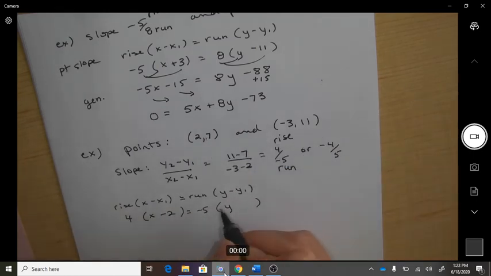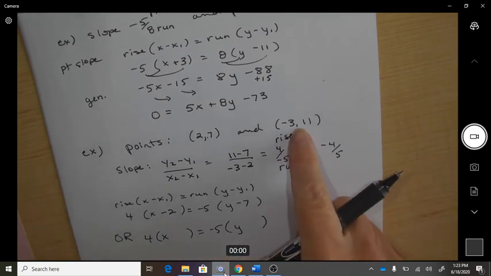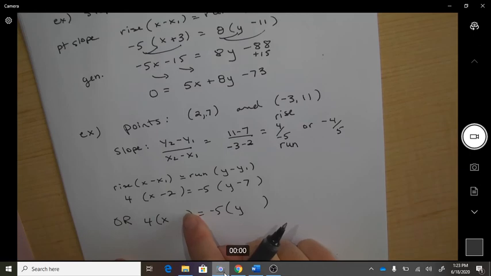So I could have gone like that if I plugged that point in. Or if I had plugged this point in, I would have a +3 there and a -11 there. So it doesn't matter. If you tried to FOIL these both out to be general form, they should say the exact same thing.